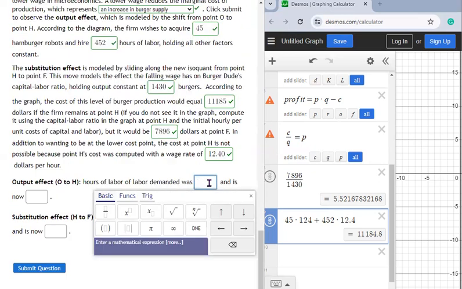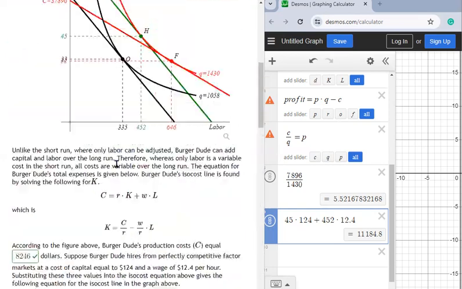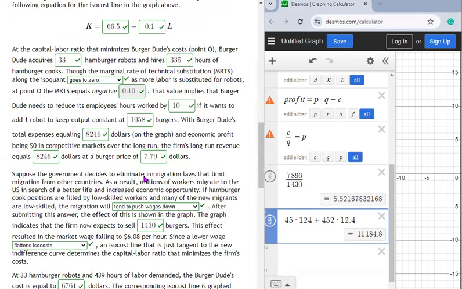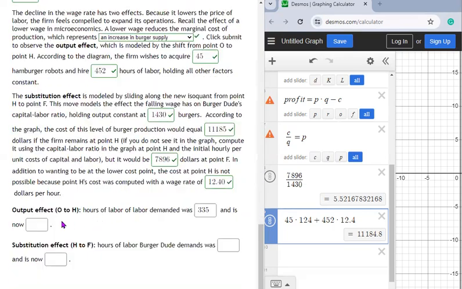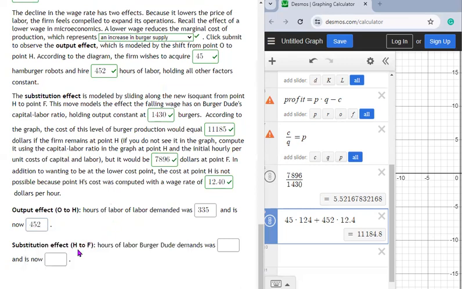Initial labor demand was 335. Final labor demand, the quantity of labor demanded, is 452 at point H. That is the output effect on labor demand, right? The substitution effect is from H to F.